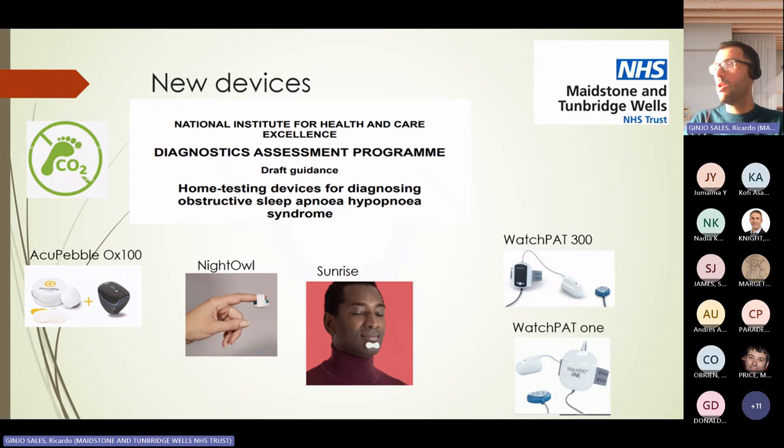We have the Night Owl sensor on the finger, Sunrise just on the chin, and the device you're currently using now at the service, WatchPAT 300, but also WatchPAT 1, which is single use. There are some concerns about the negative impact of some devices on our environment, but probably something you need to just monitor once the devices are available on a regular basis.